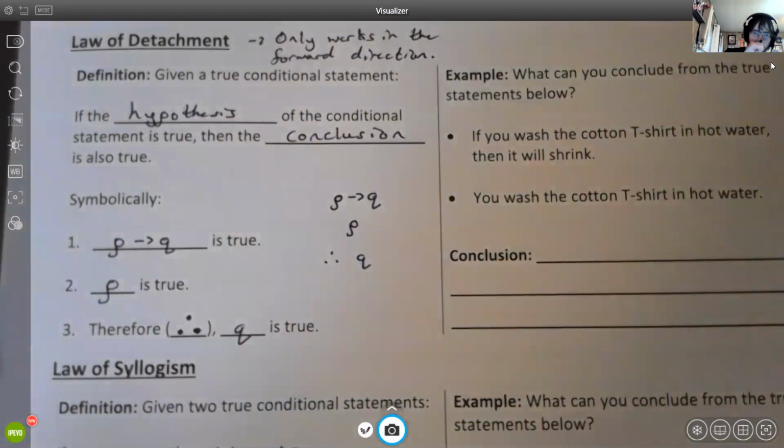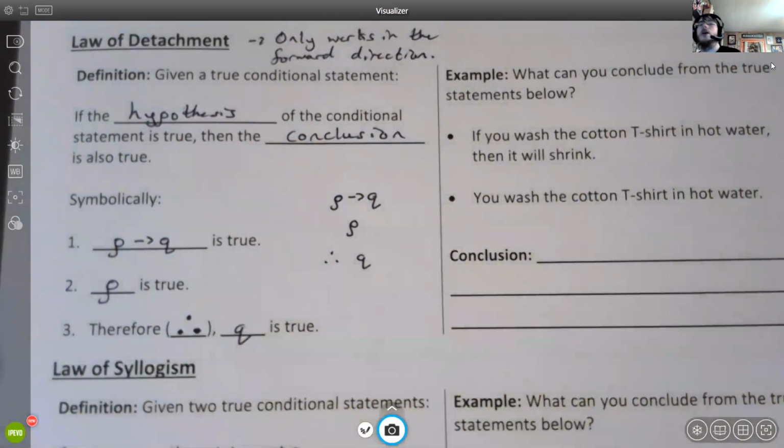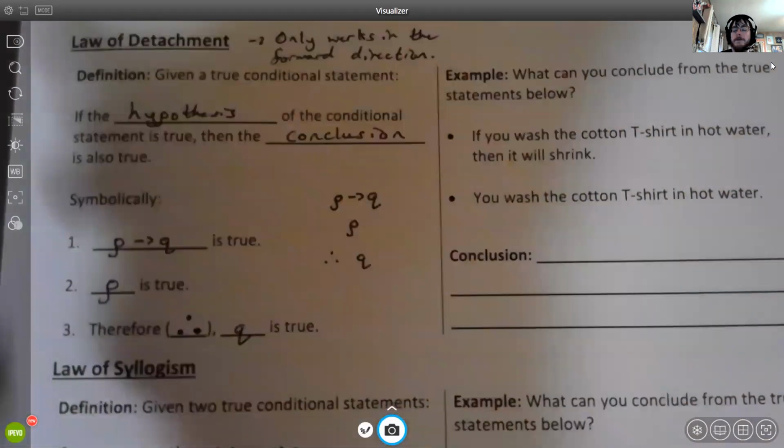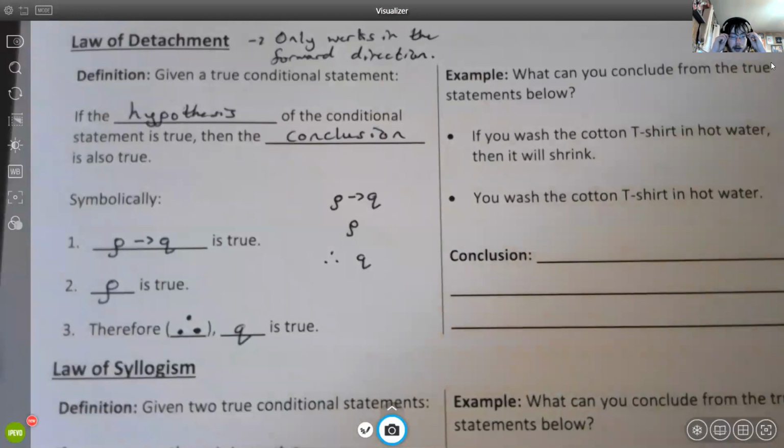It doesn't work backwards. So you can think of this like the scientific method, right? When the first step when you make an experiment or whatever else, you want to make a guess of what causes something or what is affecting something, right? And that was your hypothesis. So the hypothesis always came first, and then you went through and you did all your experimentation and everything else, and then you determined your conclusion.